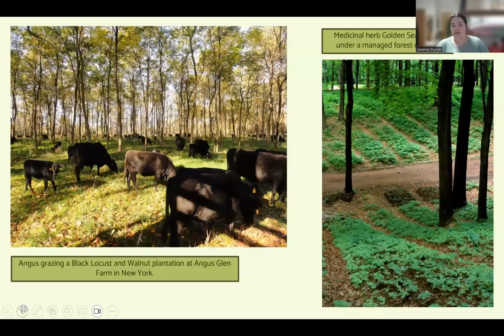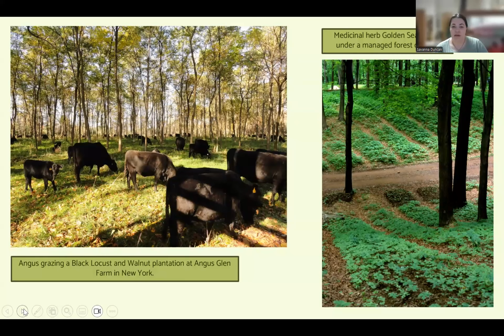Before we dive into the types of agroforestry, I just wanted to get some pictures up in front of you to get your brains thinking about what I'm talking about here. For example, on the left-hand side, we have an image of Black Angus cattle grazing a black locust and walnut plantation at Angus Glen Farm in New York.